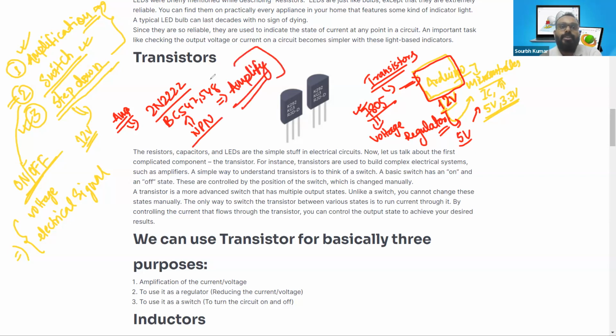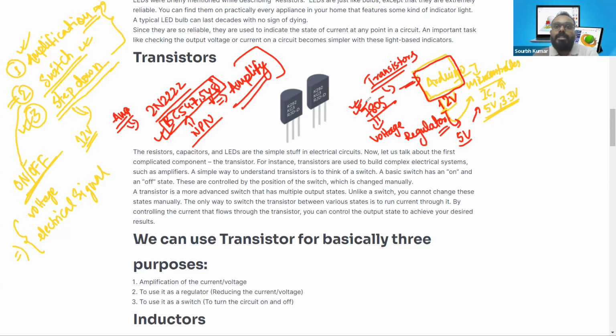One project I made using the BC547 earlier in my classroom program was an application to detect electrical signals and electrical faults in the wiring itself. So BC547 is a good example of a transistor for amplification purposes.